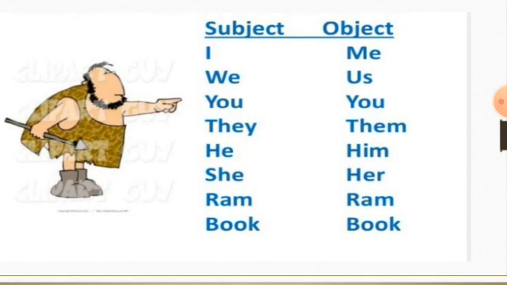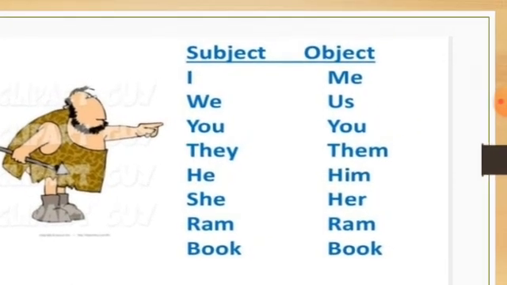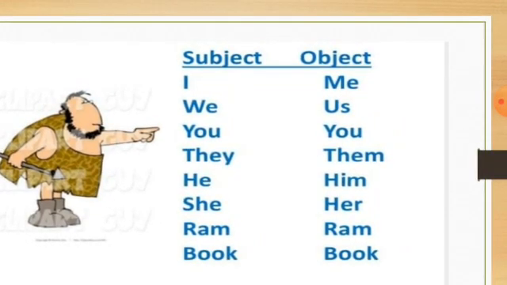In the same way, "we" is written as subject, while "us" is written as object. You cannot write "us" in the subject place, or "we" in the object place. Third, "you" is written both as subject and object.